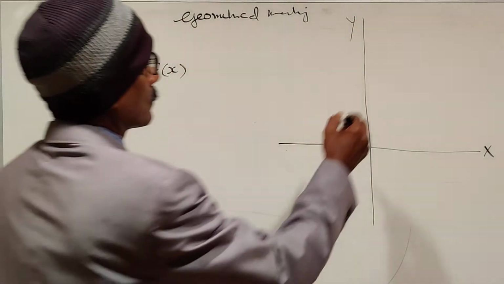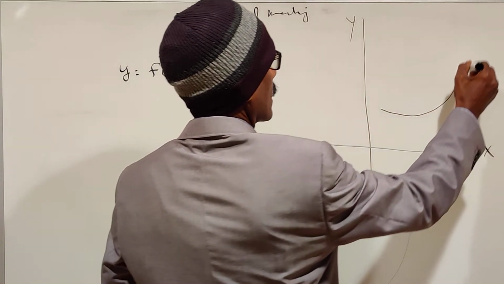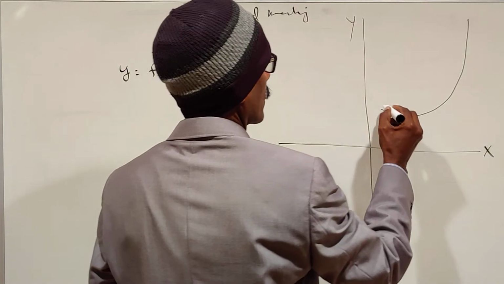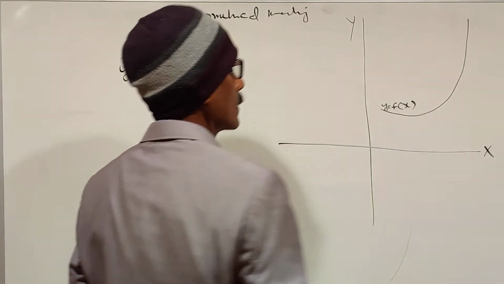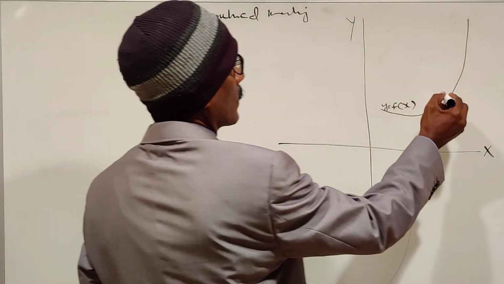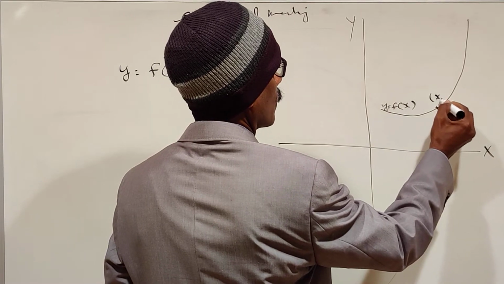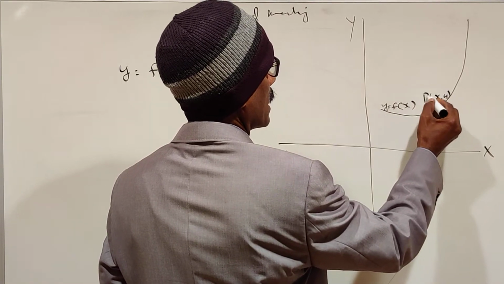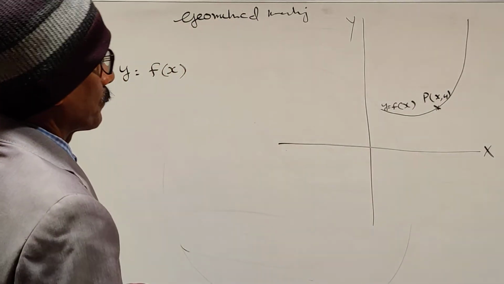Y is equal to f(x) means, suppose this is the graph. Then what is x and y? I'm going to take an x here, x, y. I'm going to name it P. P is this point.